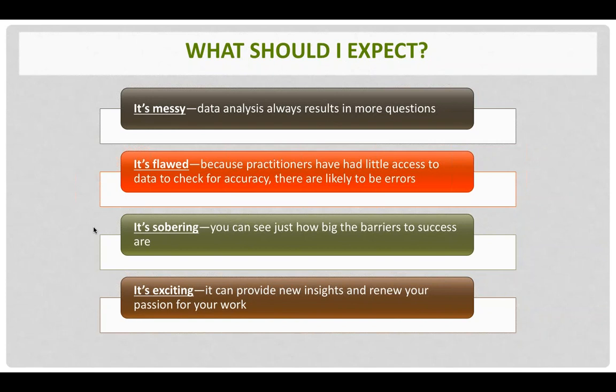It's also flawed, and that's partially because data is always a challenge to interpret and understand, but many of you are working on campuses where maybe few people, if anyone, has paid attention to the data on foster youth in particular to check for accuracy. So there may be errors. You might be under-reporting the foster youth on your campus or over-reporting, or there may be errors in tracking their completion rates and so forth. So it will take some time and diligence to continue to improve the quality of the data.